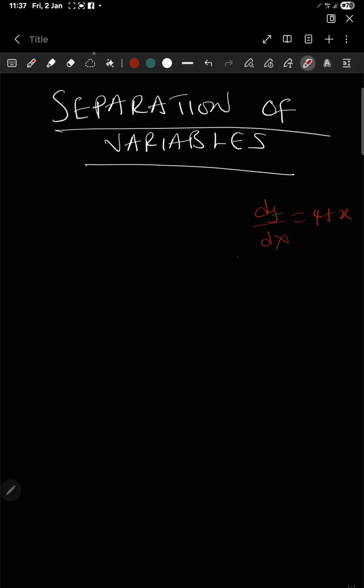Now we need to know the form of questions that come under separation of variables. For you to know that this is a separation of variables, you are supposed to be given a differential equation where you have a part that is a function of x and a part that is a function of y.